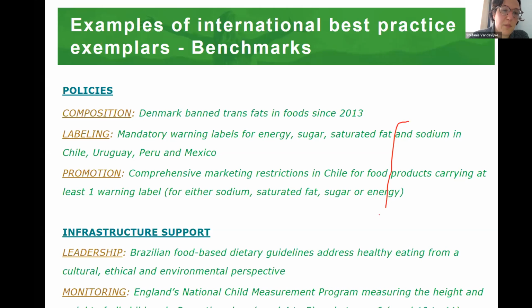And you can see some examples on the screen, like for marketing, we have the warning labels in Chile that are also used for restricting marketing to children across different types of media. Composition, Denmark banned trans fats in food since 2013. So you can just see some examples there. And these benchmarks are updated like once a year, because of course they are moving as countries implement new policies.